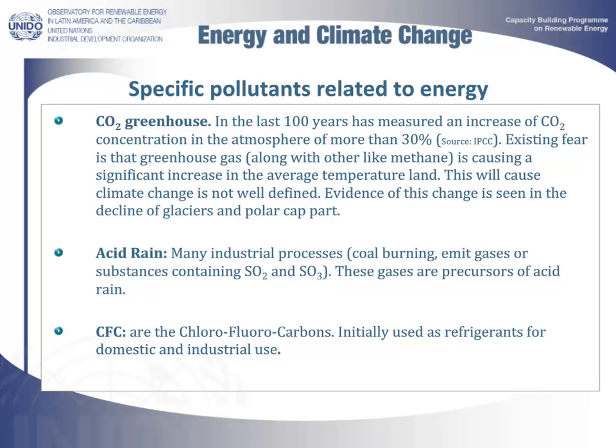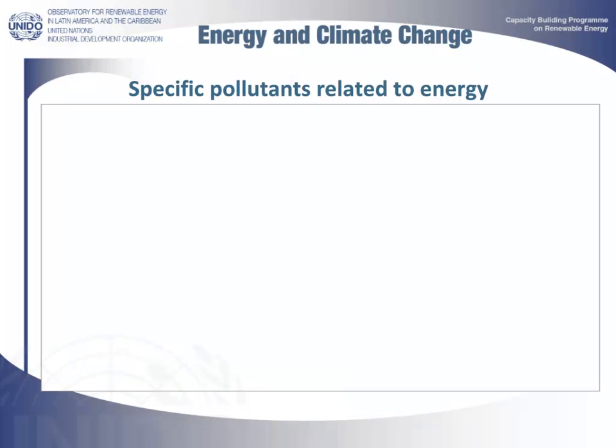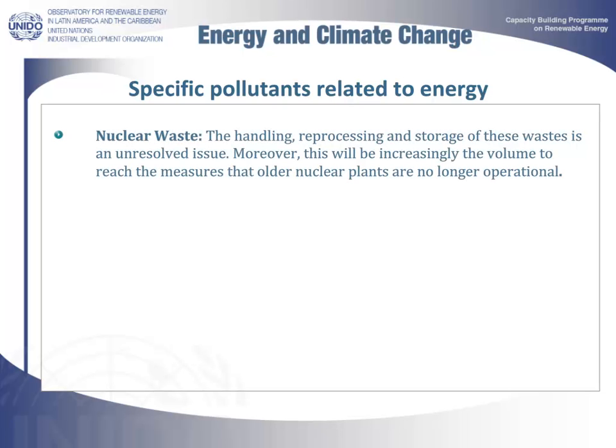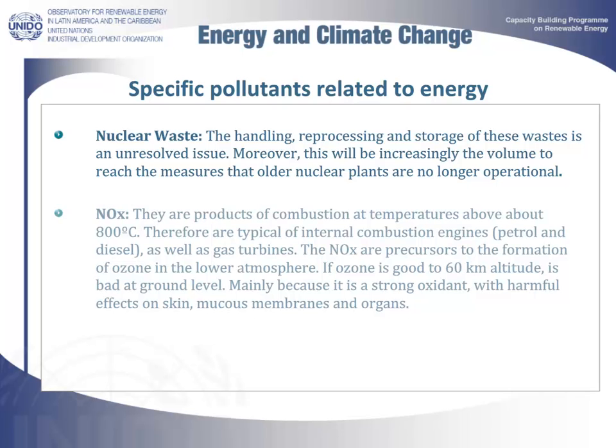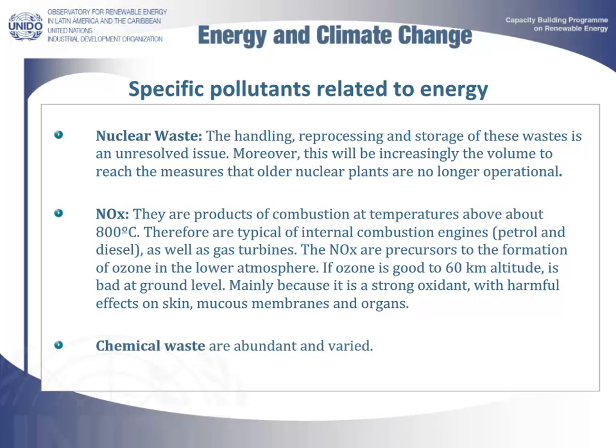These were initially used as refrigerants in both household and industrial cooling appliances. Nuclear waste. Its management, which should include its management per se, reprocessing and storage, is still an unresolved issue. Moreover, the volume of this kind of waste will increase as older nuclear power stations begin to be decommissioned.